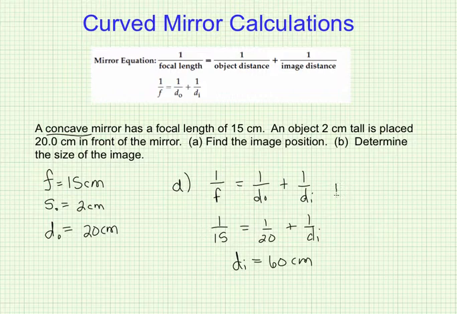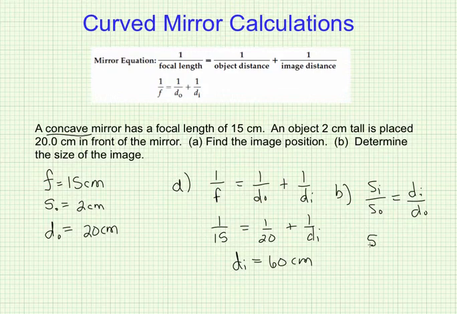Now for part B, the question is, find the size of the image. Well, this is going to be our second equation, and our second equation is going to be the size of the image divided by the size of the object equals the image distance divided by the object distance. It's just a ratio. What that means is the farther away your image is, the larger the image is going to be.